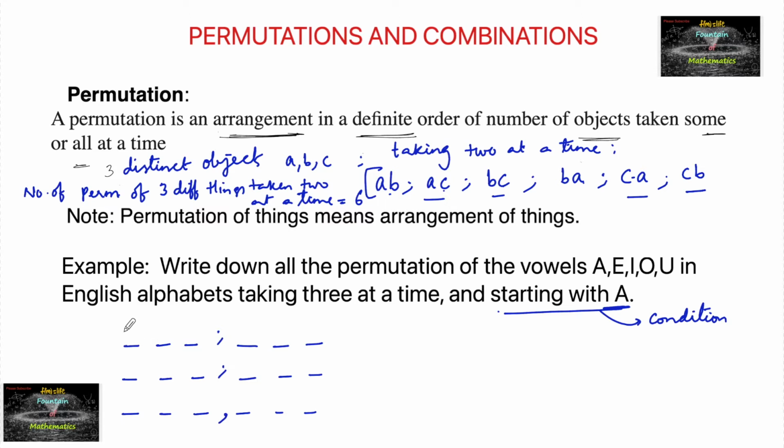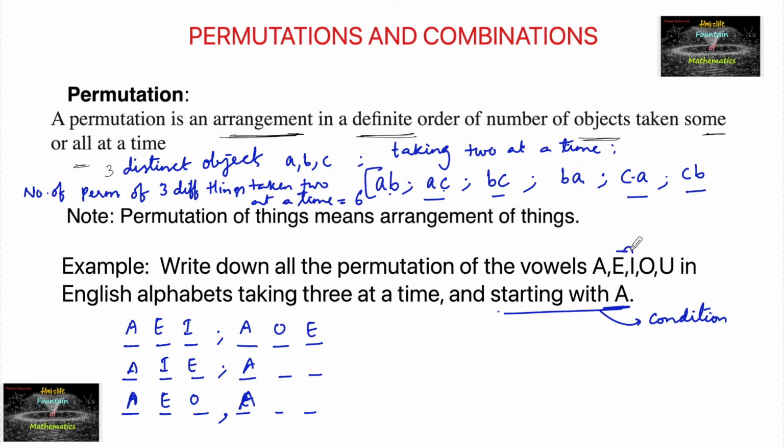So first let me take A here. Everywhere we write A first. It is fixed, that's the condition. If I take here E and then I, and then again I can write A, I, E. Now I can go with A, E, O, and next I can write A, O, E. I'm going in an order.